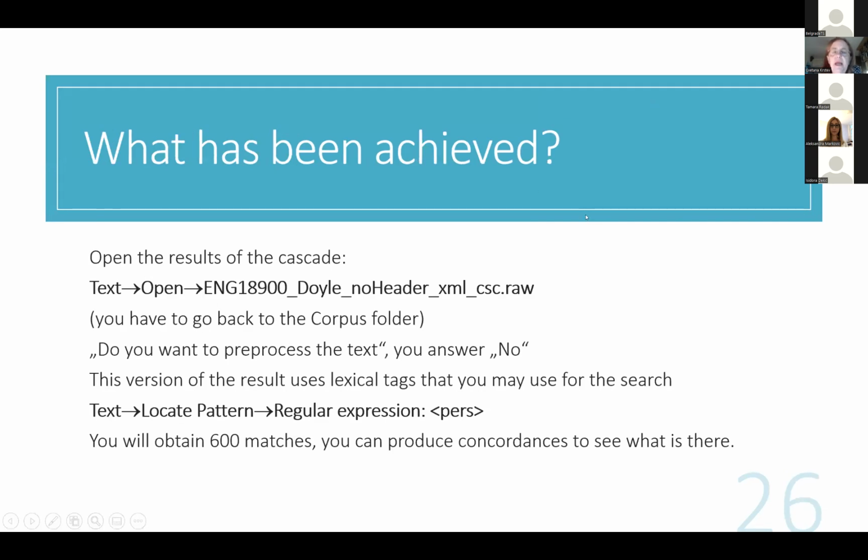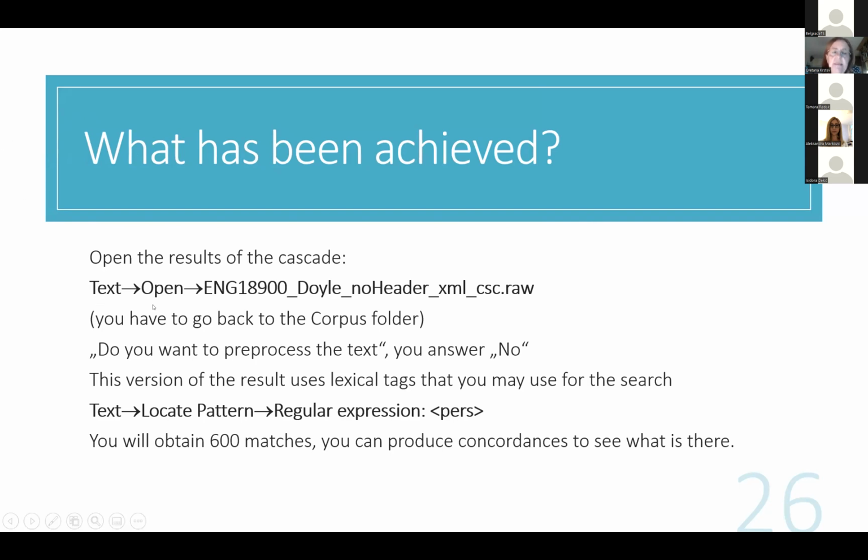And what has been achieved? Now, because we already used the graph, you can open the results of a cascade. Now you have to go back to the corpus, because we were looking at the intermediary files. Now you go up again, back to the corpus folder.